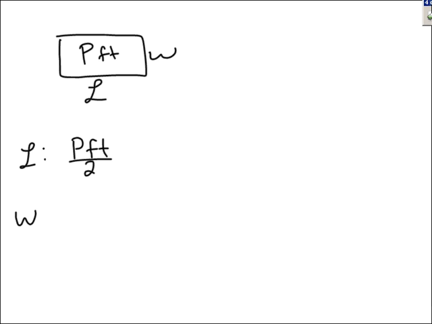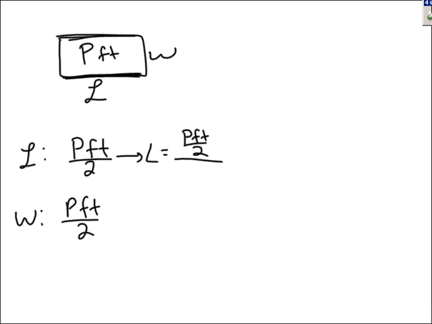Same for the width. It's going to be P feet over 2. Now, to actually calculate the length, you have P feet over 2, and you need 2 pieces going left and right. 1, 2. So you divide by 2.